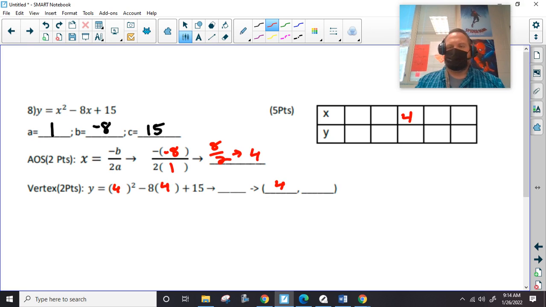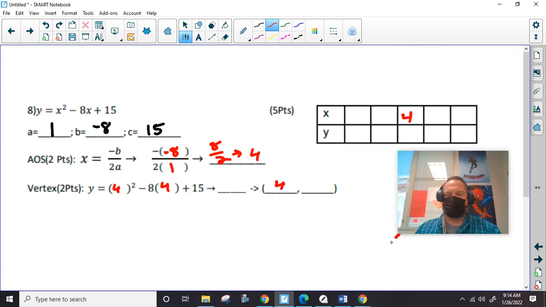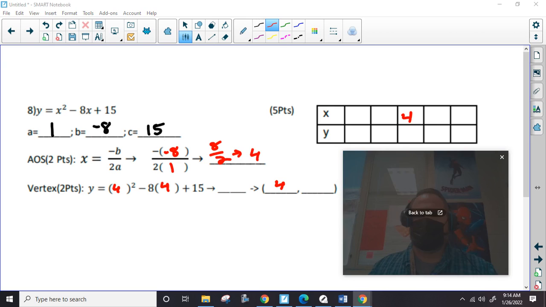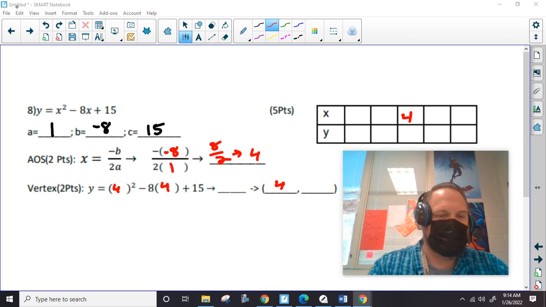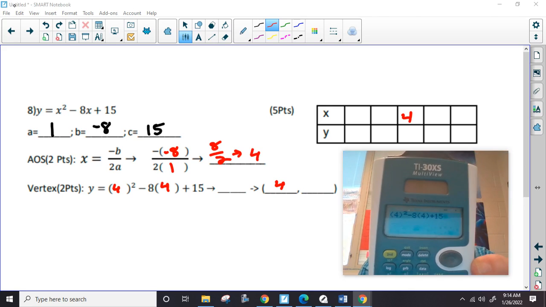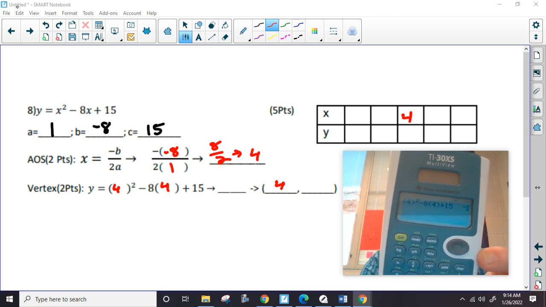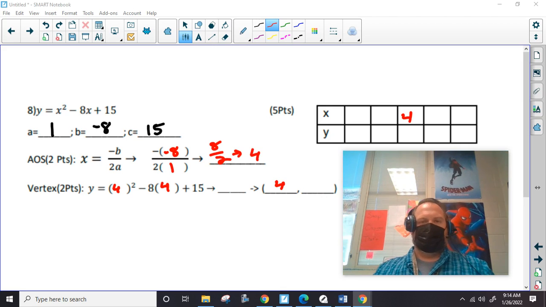And all right. So 4 squared plus 8, 4, 15. All right. So if I have it in the calculator like this, I hit enter. Believe it or not, I get negative 1. Okay.